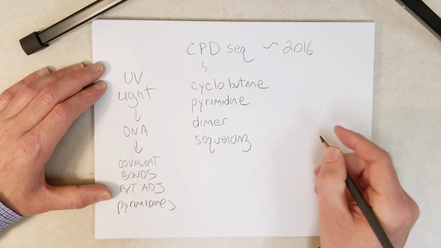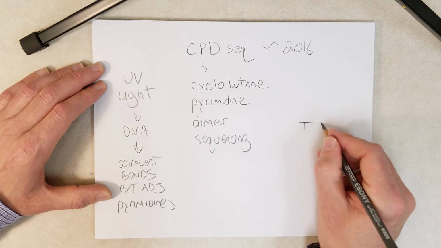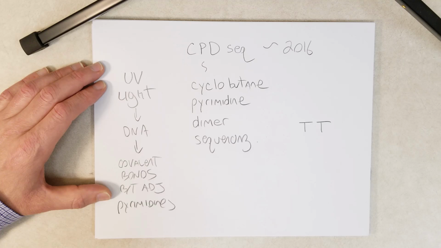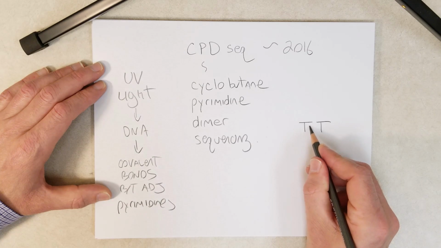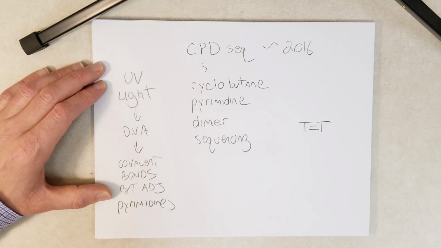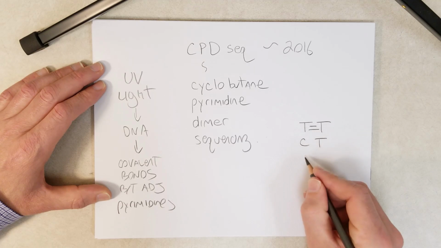So let's say we have a molecule of DNA where there are two T's side by side on one strand of DNA. We can get covalent bonds formed between those nitrogenous bases. Same thing for CT.